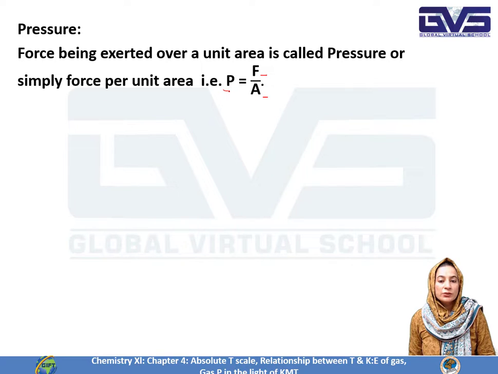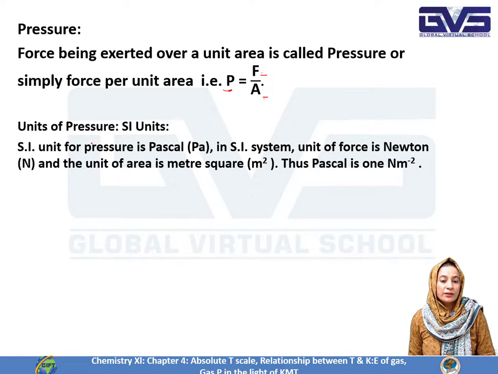So what will be the units of pressure? Of course, units of force and units of area. The standard international unit of pressure is the Pascal, that is Pa. This is named after a scientist, and the SI unit for force is the Newton, and for area is the meter square.